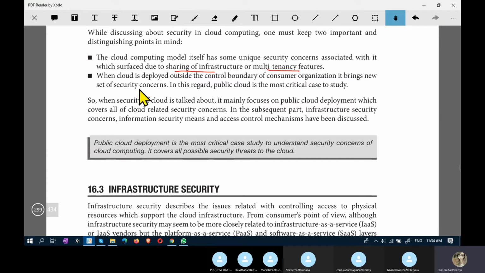And also cloud is essentially outside of the enterprise environment unless it is a private cloud or a hybrid cloud. The most prevalent cloud, which is a public cloud, is outside of anybody's control. That gives rise to several security concerns.